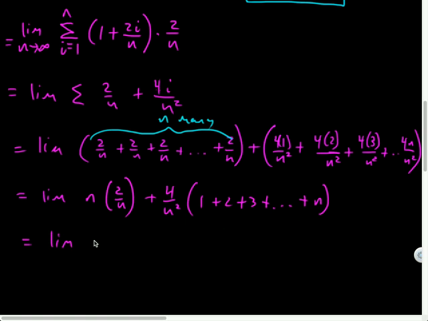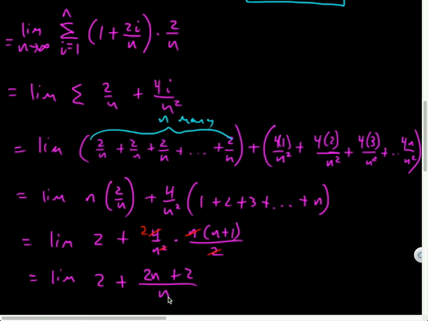So this is the limit of 2 plus 4 over n squared times, and now I look up this pattern, and I believe that ends up being n times n plus 1 all over 2. Okay. Cancel out 2s, cancel out n. So this n cancels out with one of those, this 2 cancels out with a 4, leaving 2. So this will be the limit of 2 plus 2, and I'll distribute this out, 2n plus 2, all over n, right?